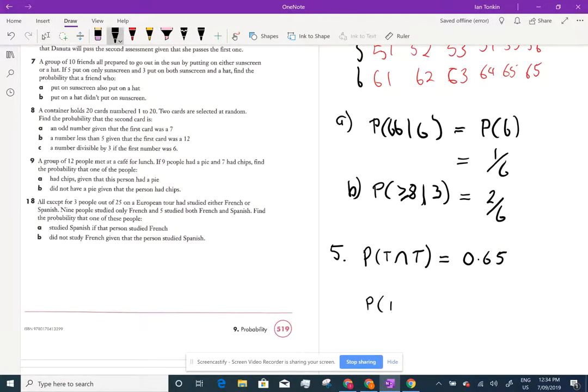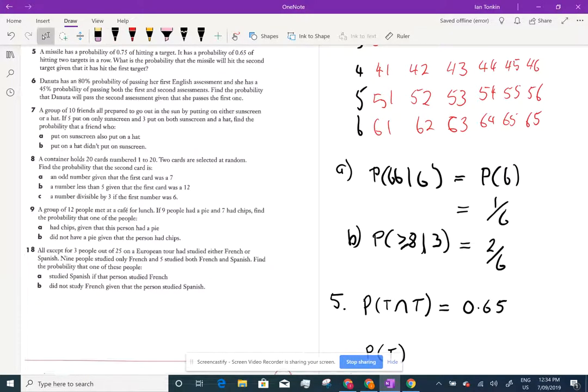Probability of hitting a target is 0.75. What is the probability the missile will hit the second target given that it has hit the first target?